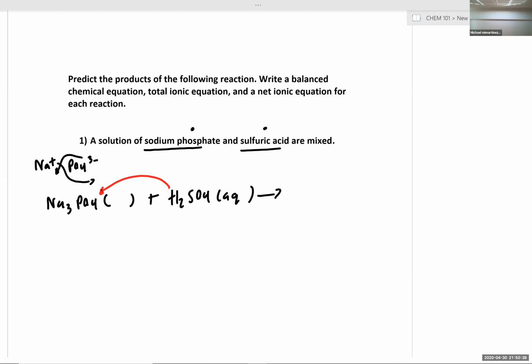Don't be shy to message me with your proposed predictions for the products from this proton transfer reaction.